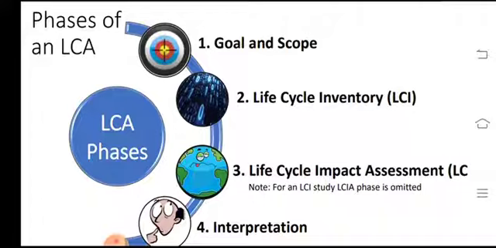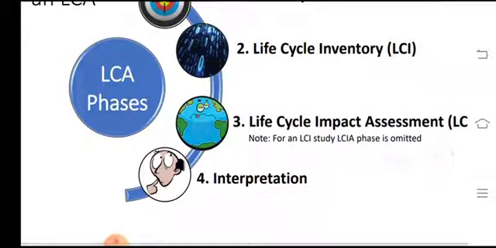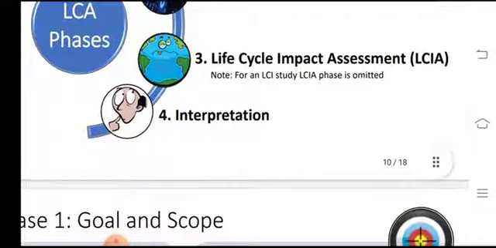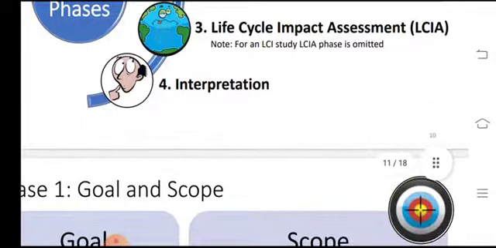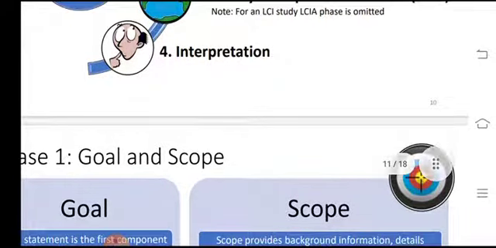We must have authenticity about the data, because the data will be collected from different sources. It must have a validity so that it can be relied upon. Then life cycle inventory is important to be established, and then life cycle impact assessment to be conducted, and then interpretation, that is about the analysis, what data we have obtained.